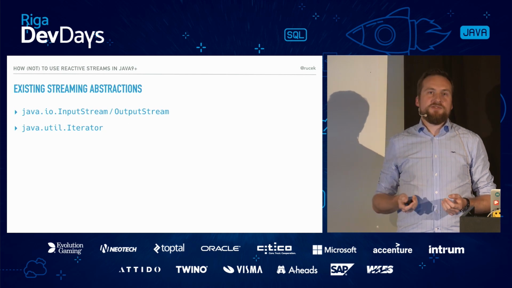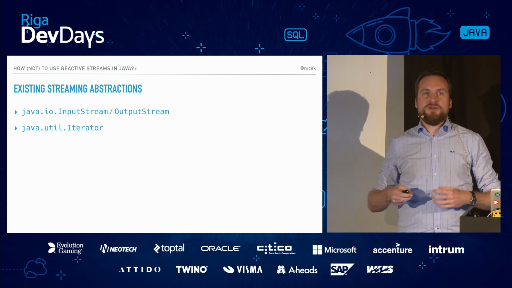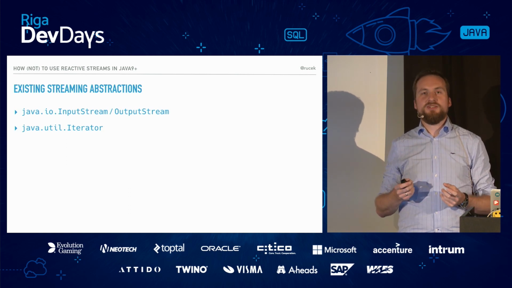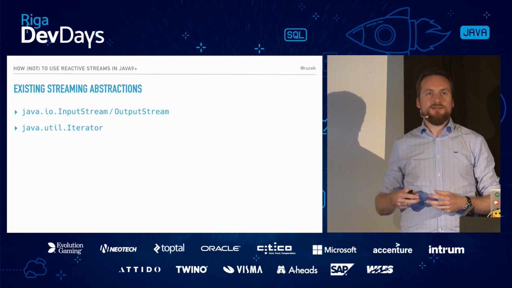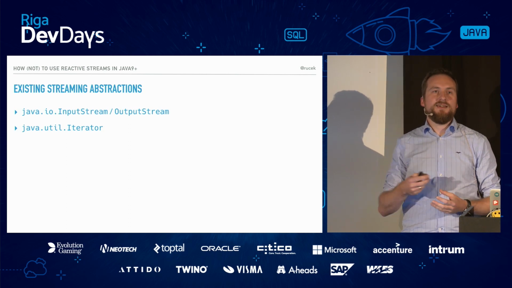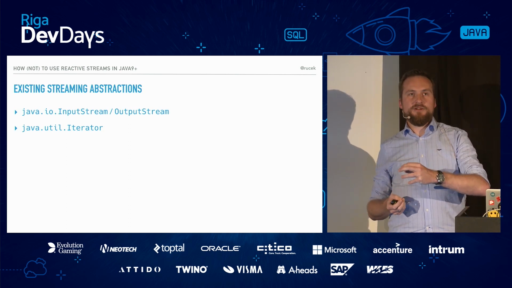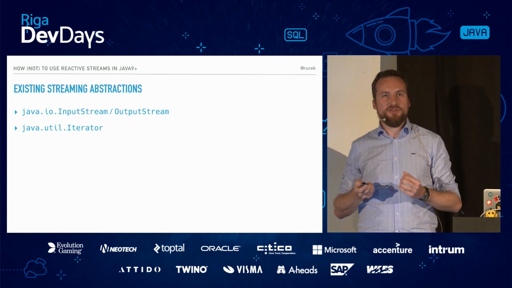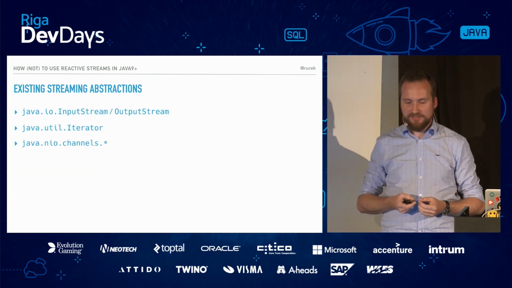We also have iterators, which may not really be a stream, but expose behavior similar to streaming, because they can handle infinite data and don't send everything at once, but send element by element.